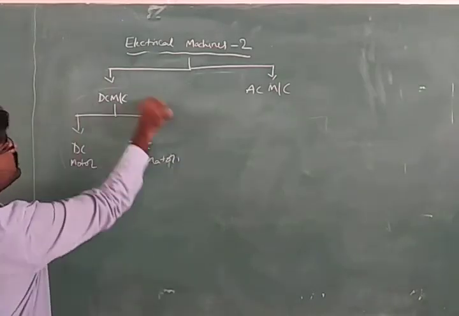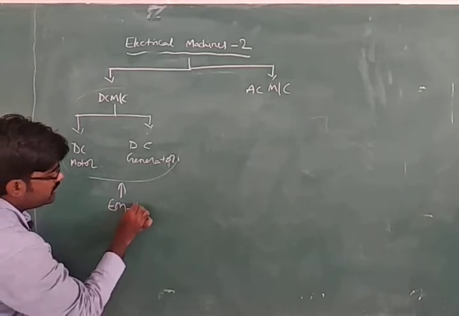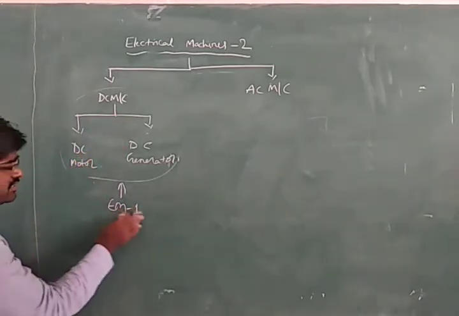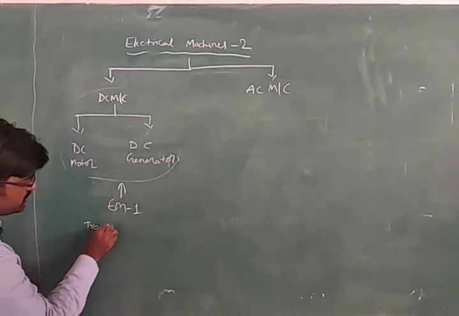This is completely what you studied in EM1. These all things you have covered in EM1. Along with this, you have studied one more topic in EM1, that is transformers, right?